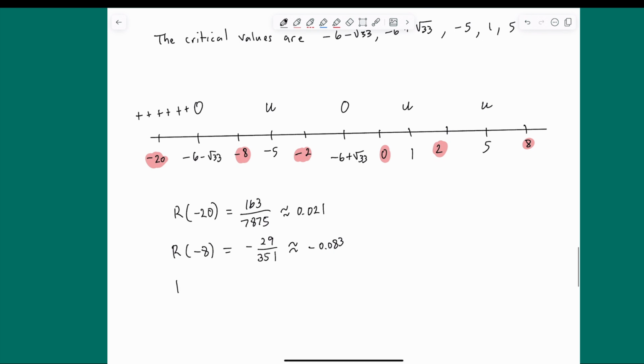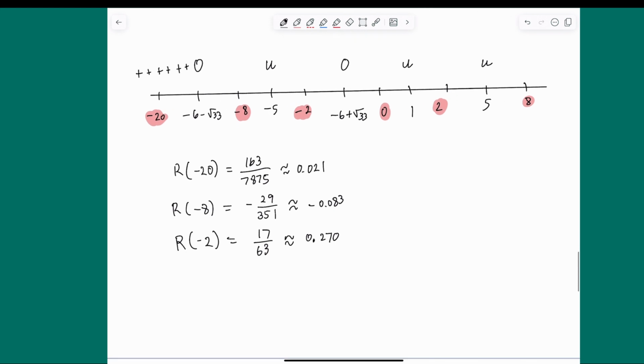All right, so the rational function evaluated at negative 2 is 17 over 63, which is roughly 0.270 if I round to 3 decimal places. Okay, by the way, so this is negative between negative 6 minus root 33 and negative 5, and it's positive between negative 5 and negative 6 plus root 33.